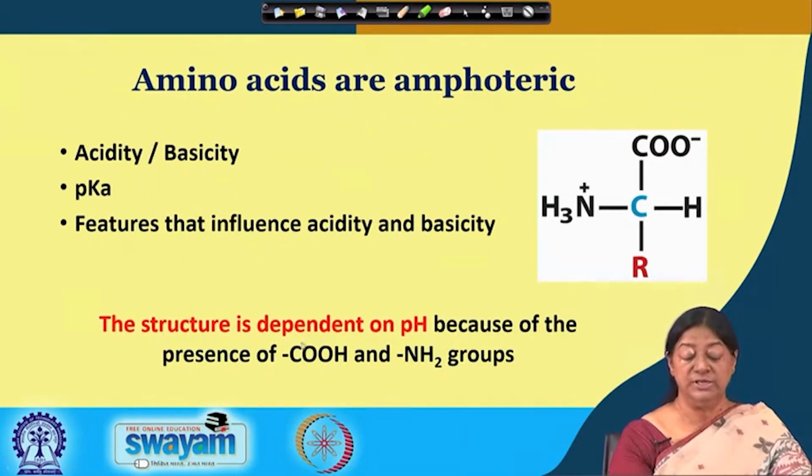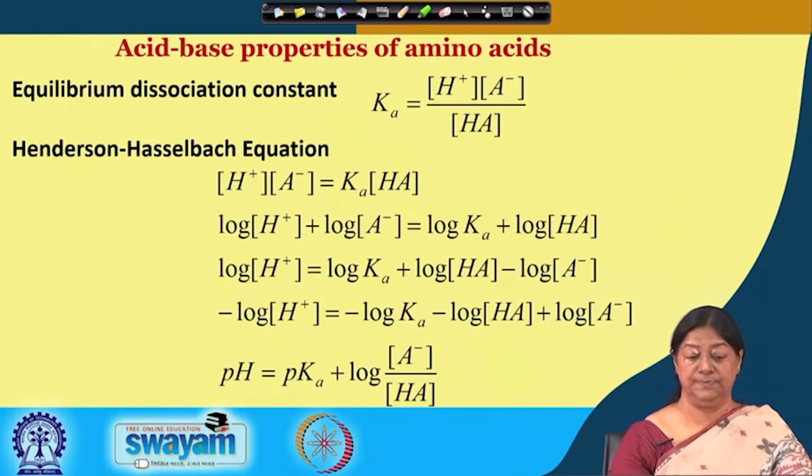So, the structure is dependent on the pH because of the presence of the COOH group and the NH2 group. There are specific pKa values associated with the acidic and the basic groups. So, the acidity and the basicity is important.